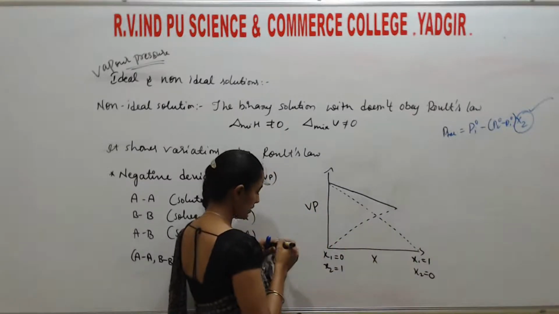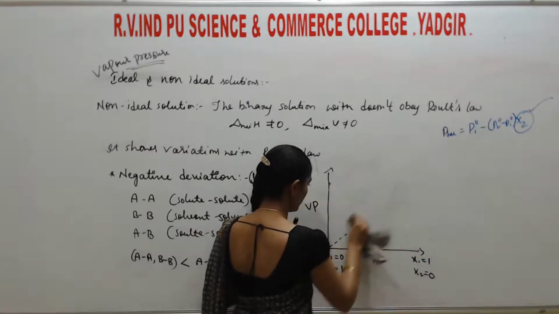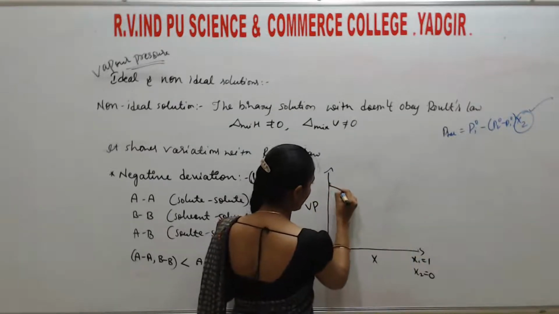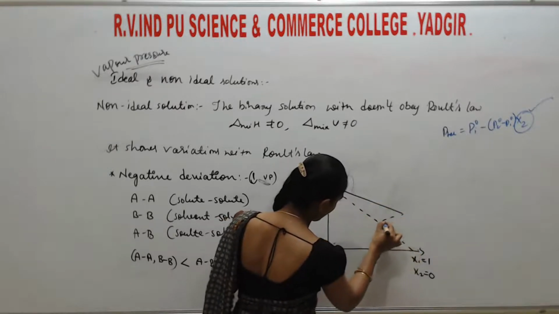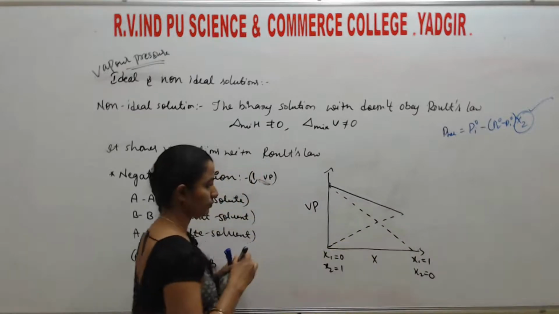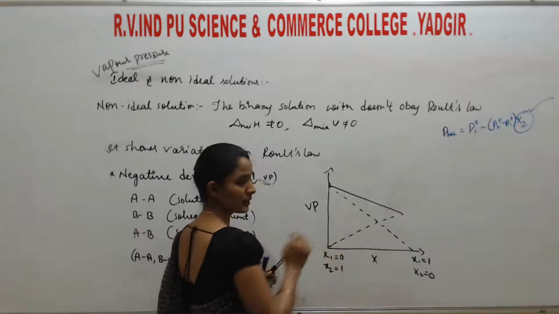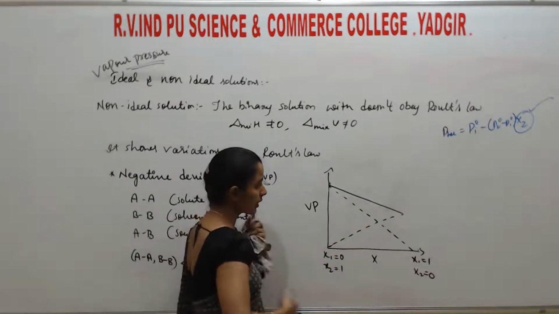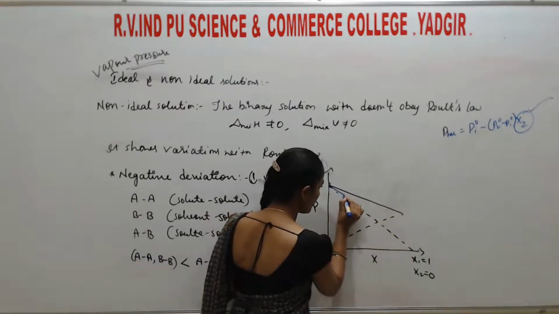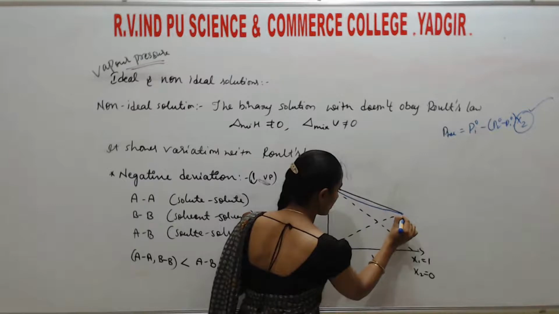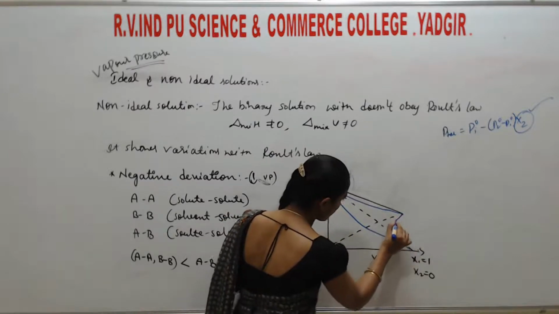Students, this is x2, this is y, this is P1, this is P2. I told you positive deviation I wrote like this; the negative deviation is in this manner. This is also negative, this is also negative.